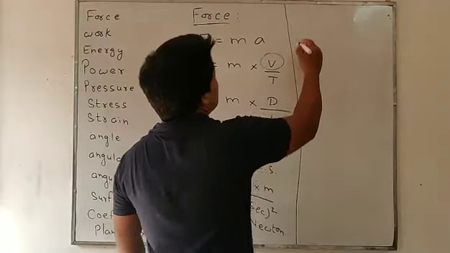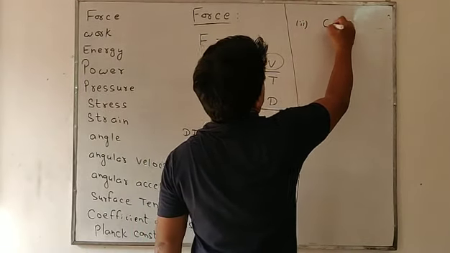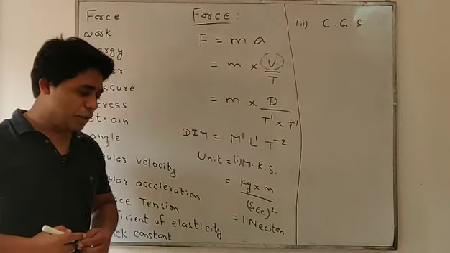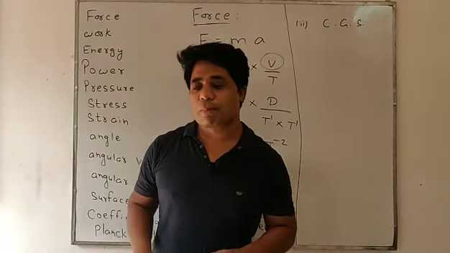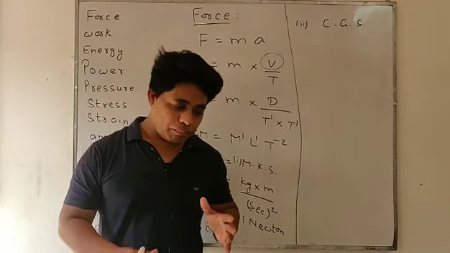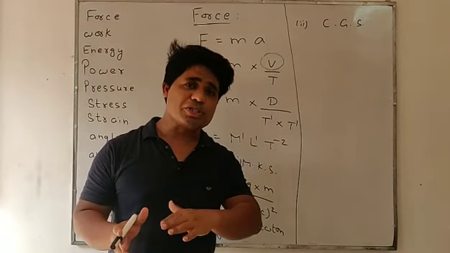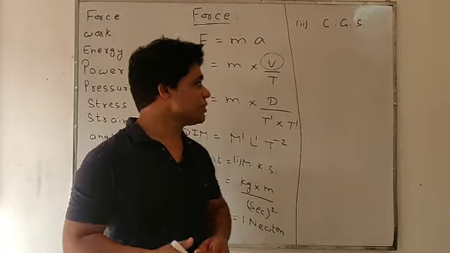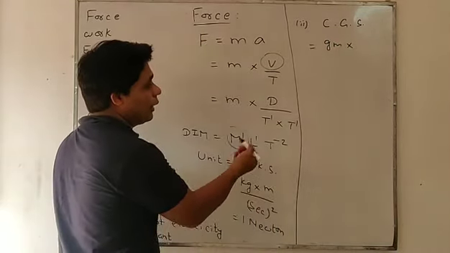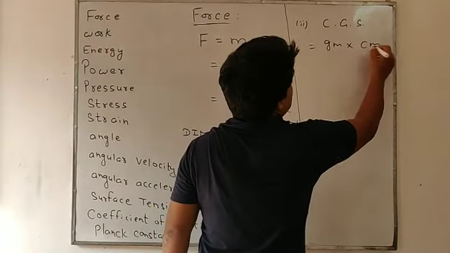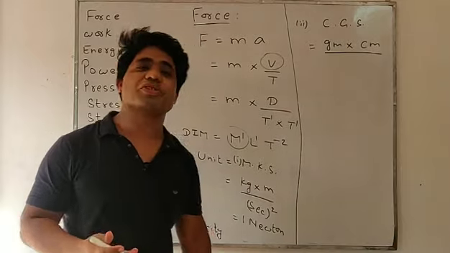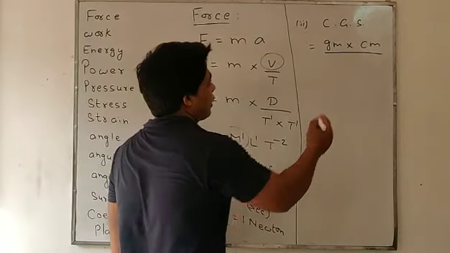Now I'm going to find one more system, that is CGS. Generally, we'll always find unit and dimension only in one system, MKS. But force and work are important physical quantities, so we'll find them in MKS as well as in CGS. Mass is in gram, length is written in centimeter, and time always remains the same in all systems, MKS, CGS or FPS: second.